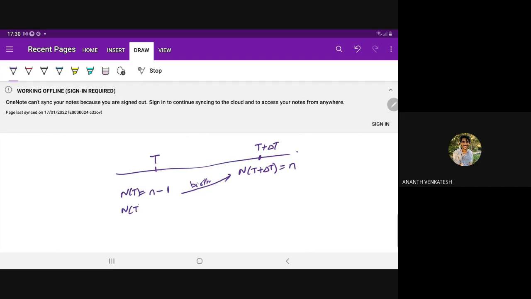If there are n customers, then neither birth nor death. No birth, no death. Then only n customers remain at the time t plus delta t.